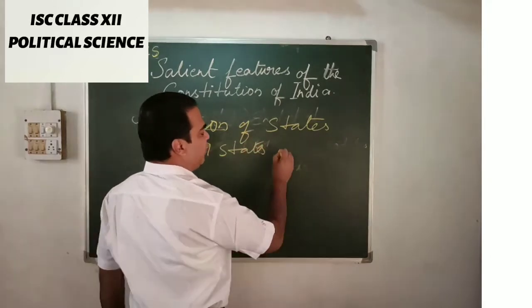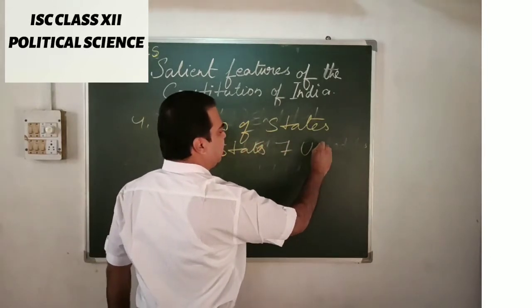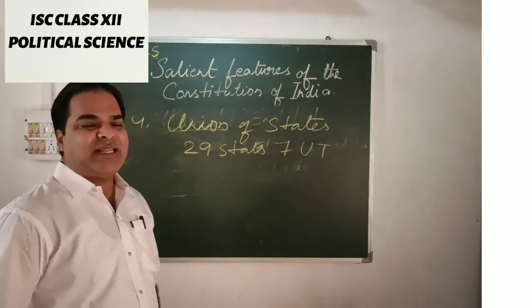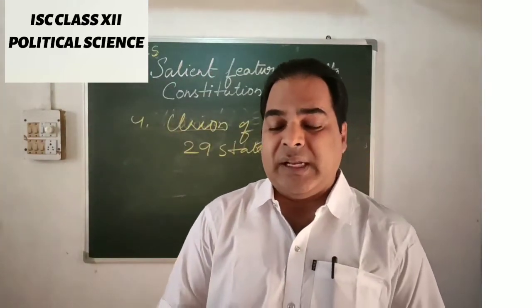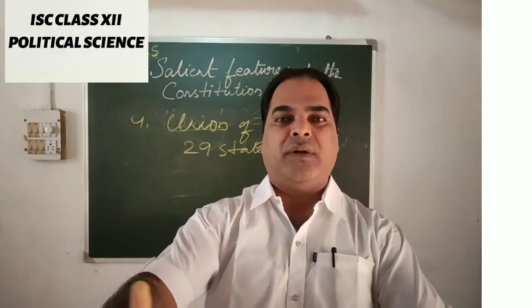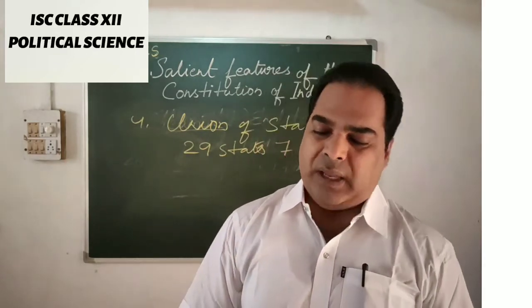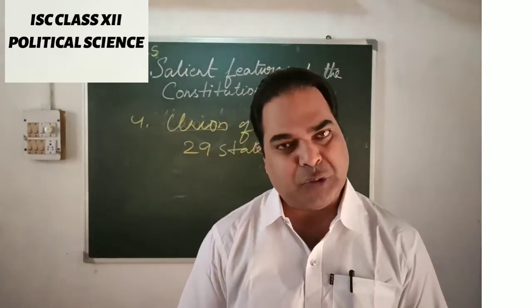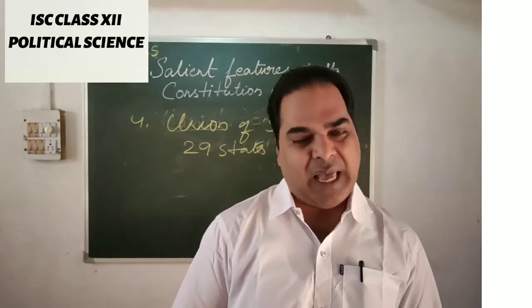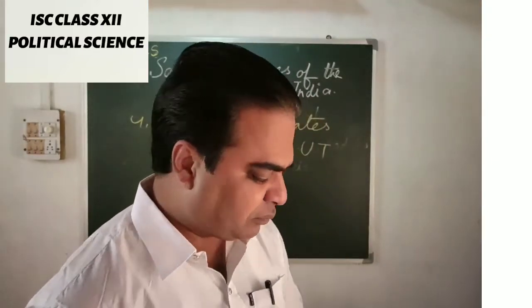And how many union territories? 7 UTs. 29 states and 7 union territories. So it is a union of all the 29 states along with the 7 union territories, which follow one constitution, one set of rules and regulations, and we are the citizens of this country.